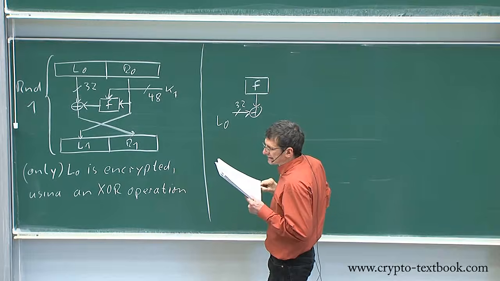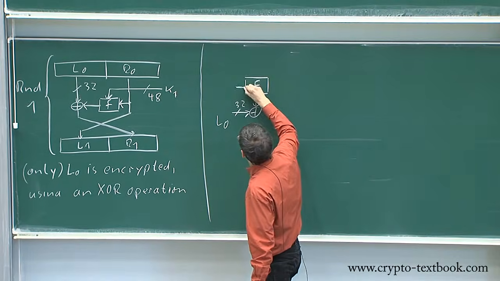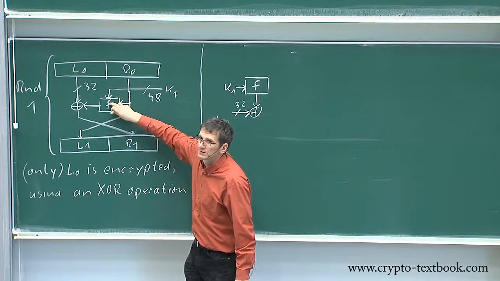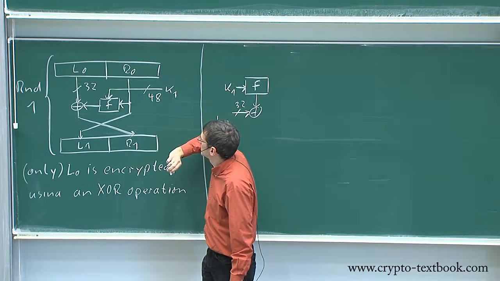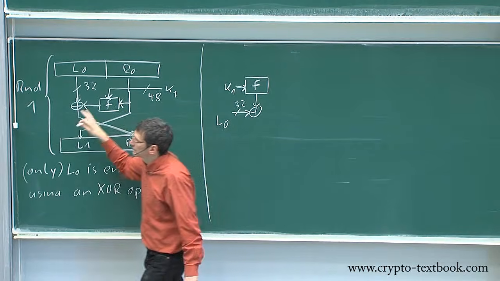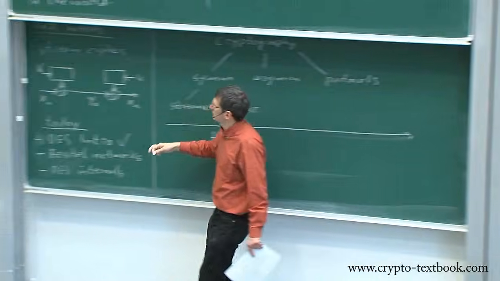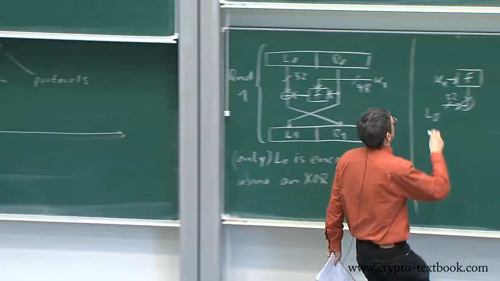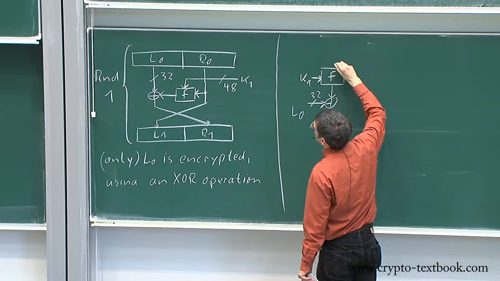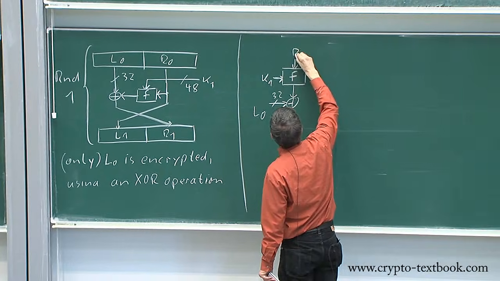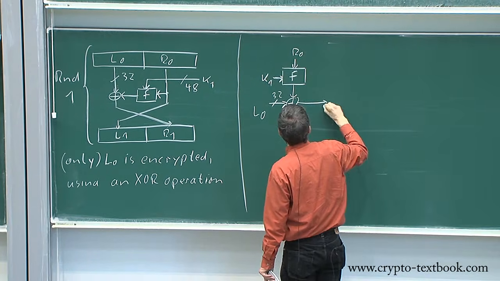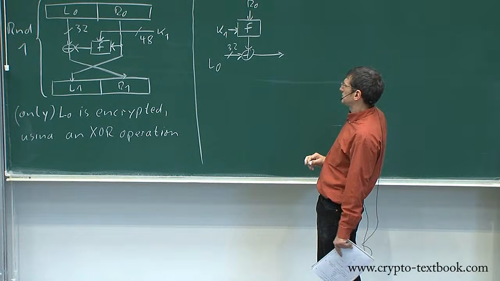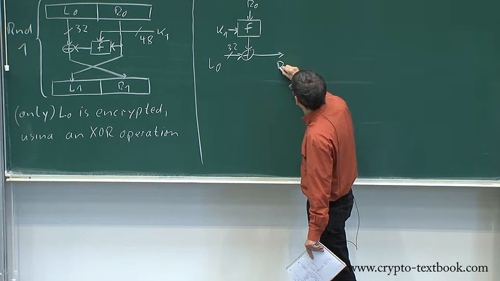The input to the F function is K1, right? So far, this looks very similar to what we've been doing with stream ciphers. There's one additional element coming in, namely R0, and then this output becomes R1 here, okay?